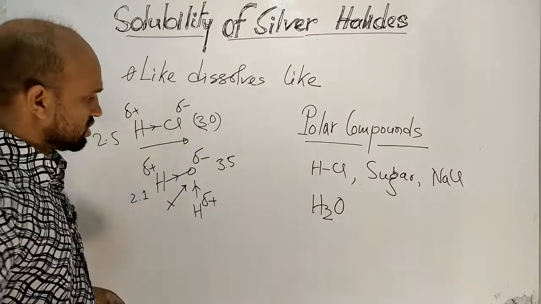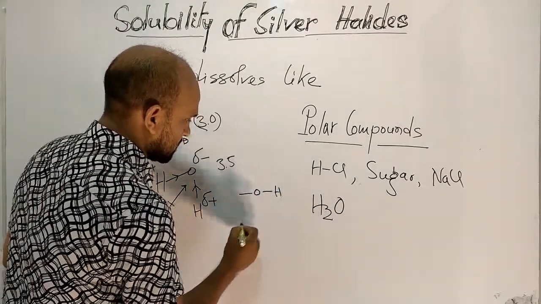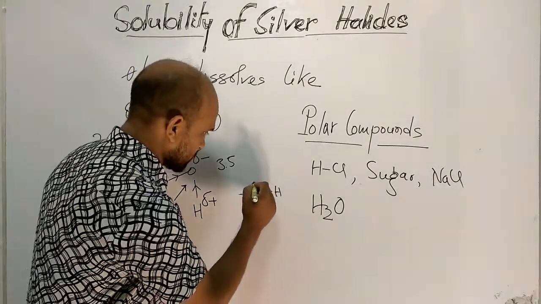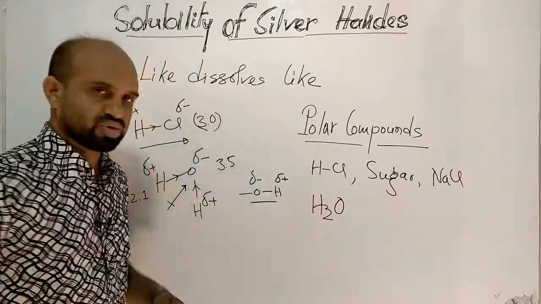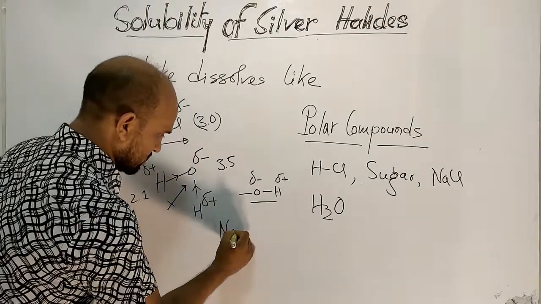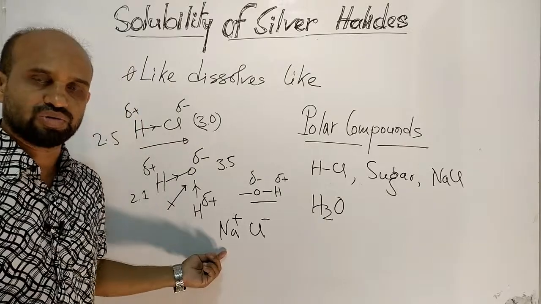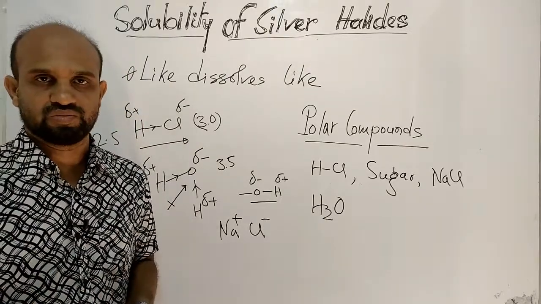And sugar, there are some OH groups in sugar molecule, and this is also polar. This is minus, this is plus. So sugar is a polar compound. Then let's see sodium chloride. Sodium chloride is a kind of ionic compound and it acts as polar molecule.